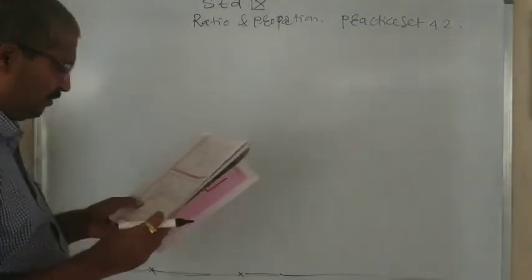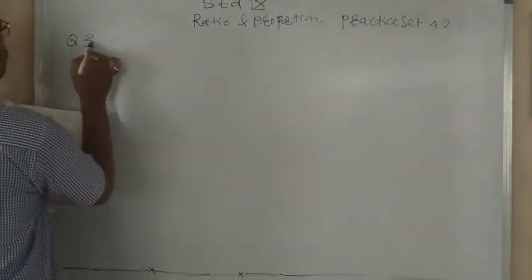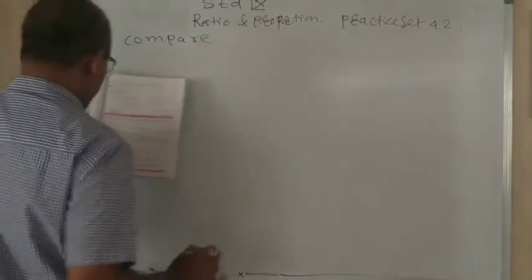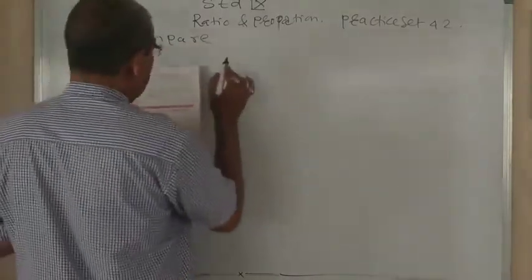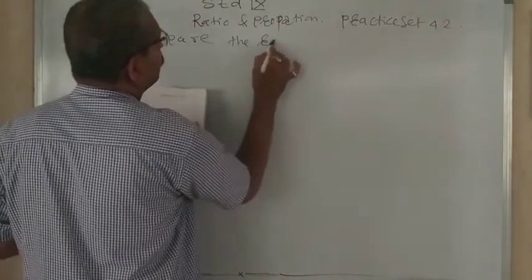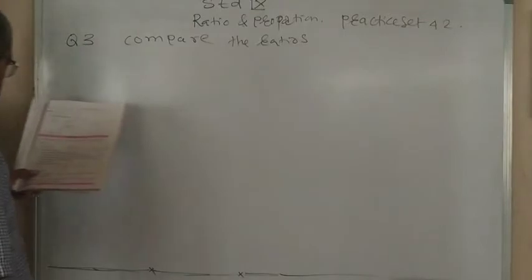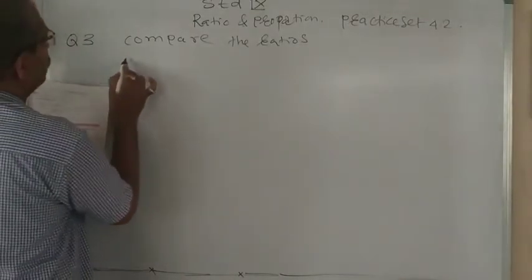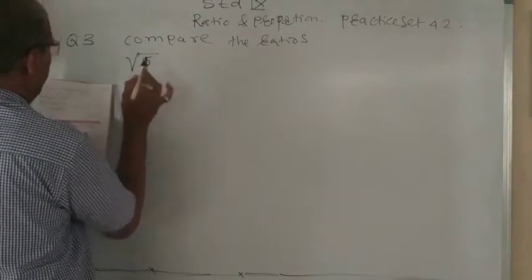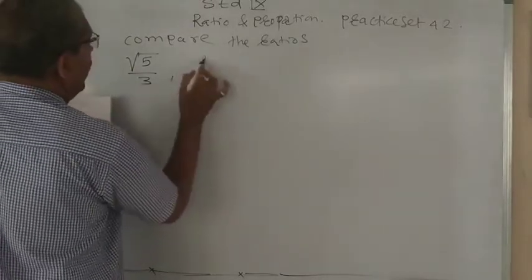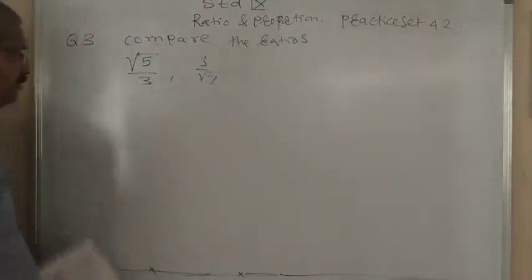Now next, question number 3. Compare the ratios: root 5 upon 3 and 3 upon root 7.